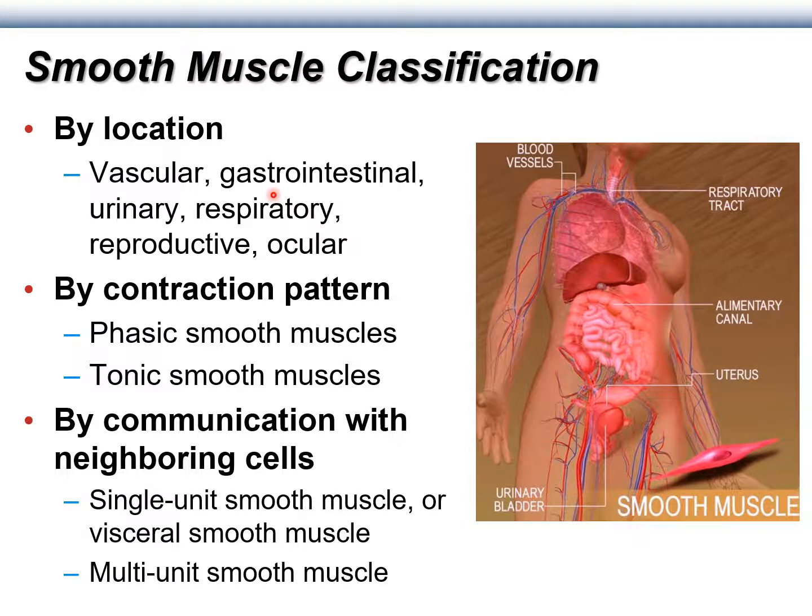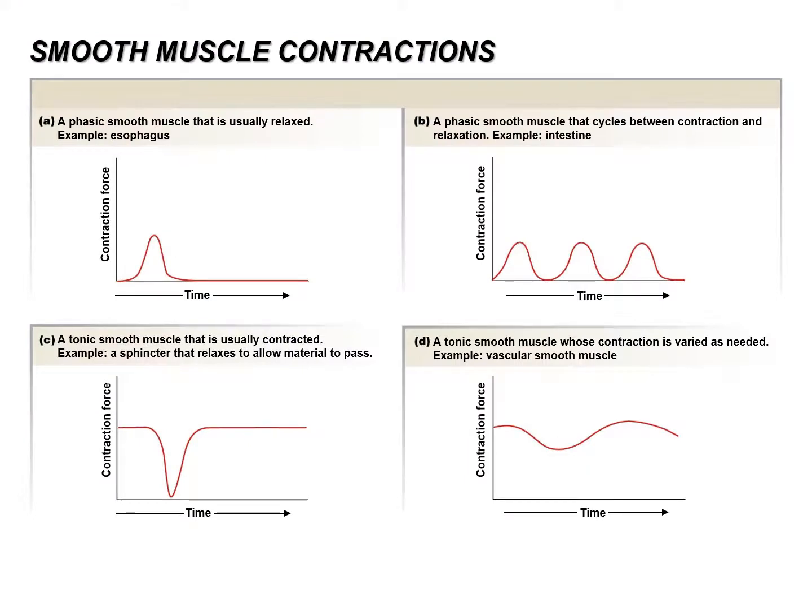So I'm going to use examples of each of these things. I'm not going to get into this one so much. I'm going to get into contraction pattern and communication here in the next few slides. As I mentioned, phasic smooth muscles are usually relaxed and they will transiently contract.